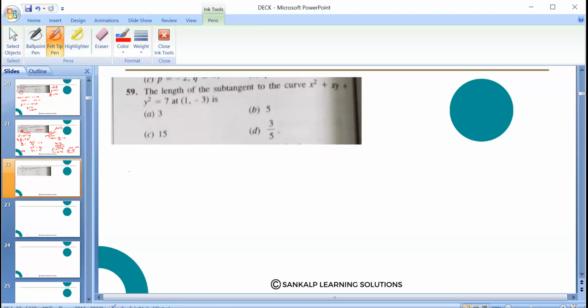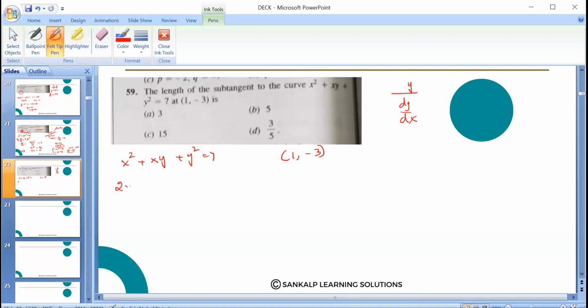The length of subtangent to the curve. Length of subtangent is y by dy by dx. So first you have to find the derivative. x square plus xy plus y square equal to 7, and the point is 1 comma minus 3 where you are drawing the tangent.